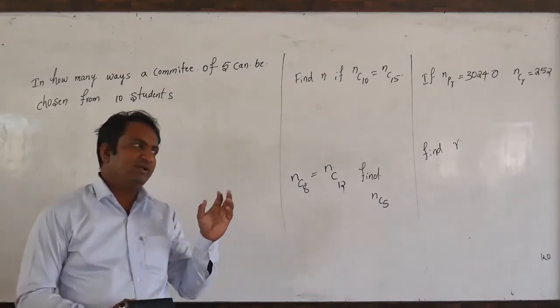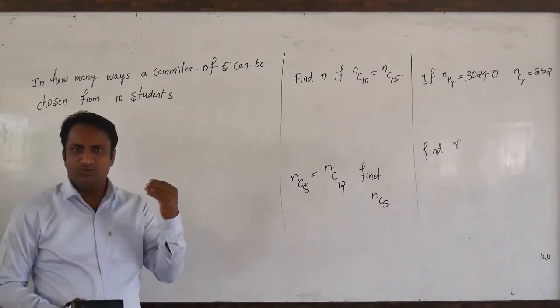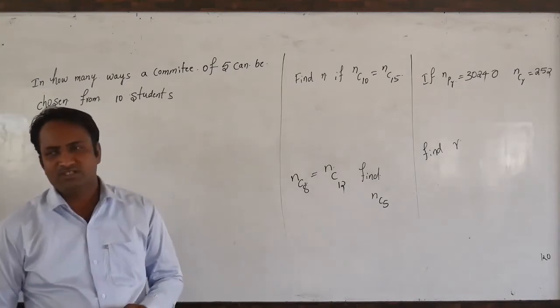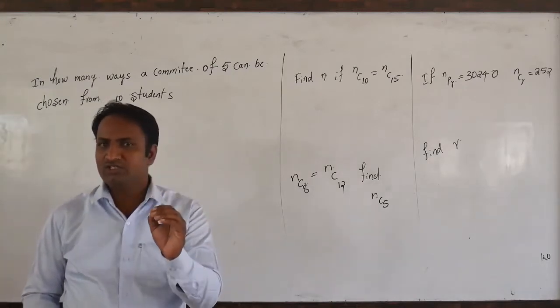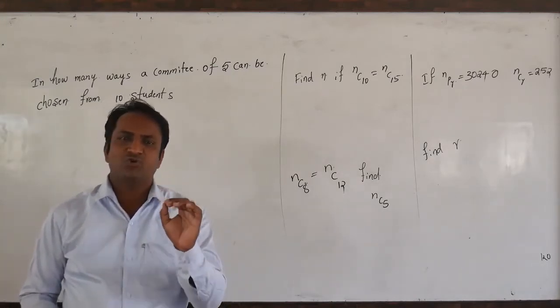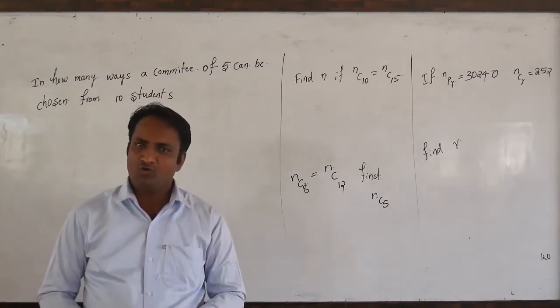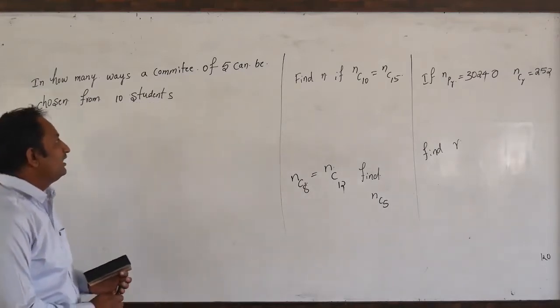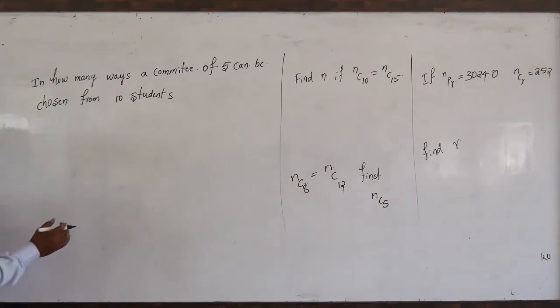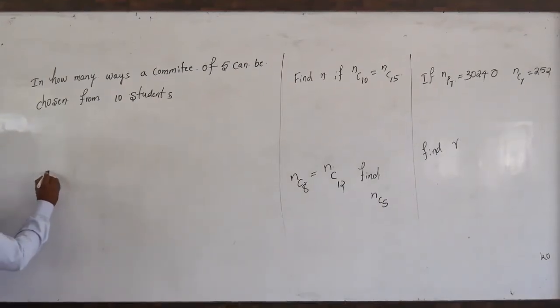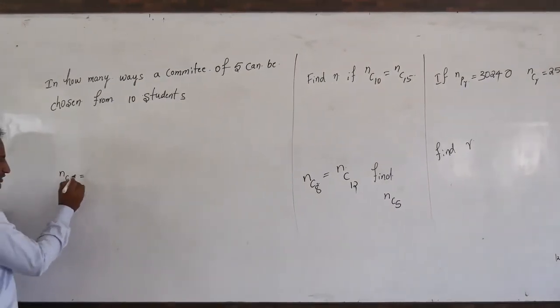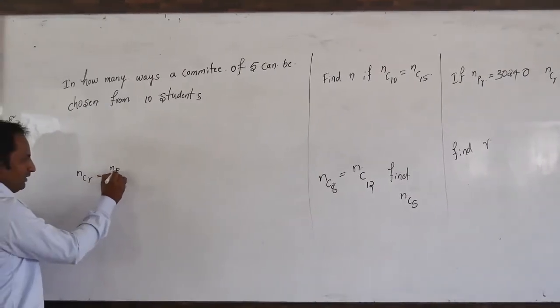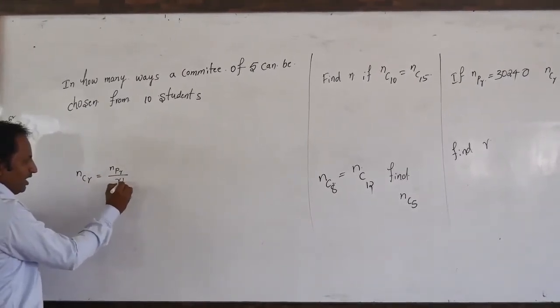Having completed the concept of permutation, we go to the combination section. Combination means a selection of things. Here, for selection, we choose the formula nCr is equal to nPr divided by r factorial.